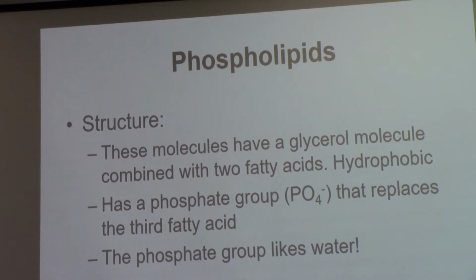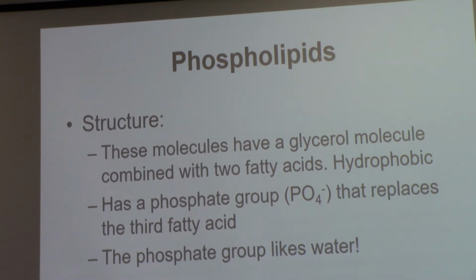Okay, another place that these are found is in phospholipids. Phospholipids are quite a bit like triglycerides, but instead of having three fatty acids, they have a phosphate group instead of the third fatty acid. That essentially makes a structure very similar to soap molecules.